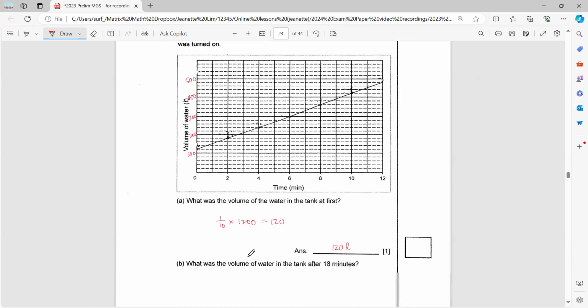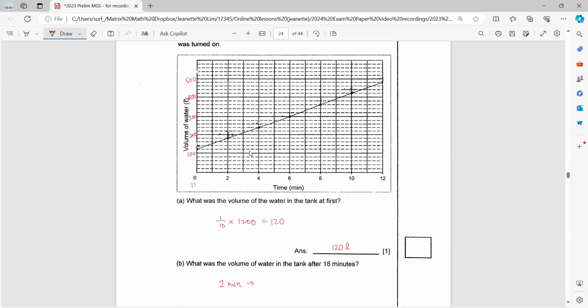Next part of the question: what was the volume after 18 minutes? We have up till 12 minutes, right? So 18 minutes will be beyond the graph, and we need to know how fast it is filling up. So let's look at 0 to 2 minutes. In 2 minutes, what was the increase in volume?